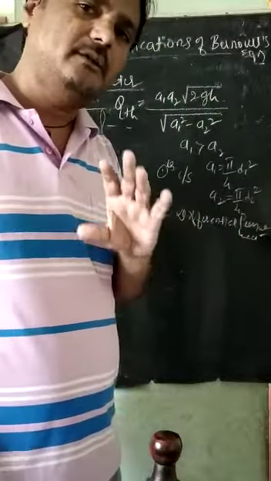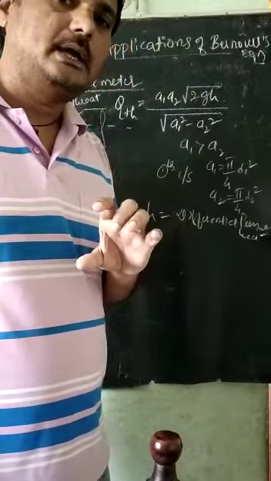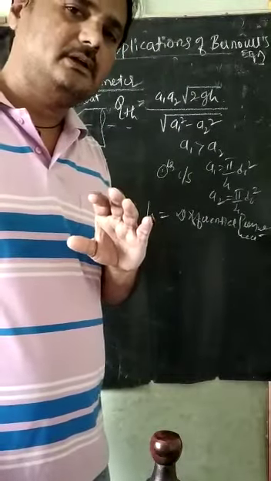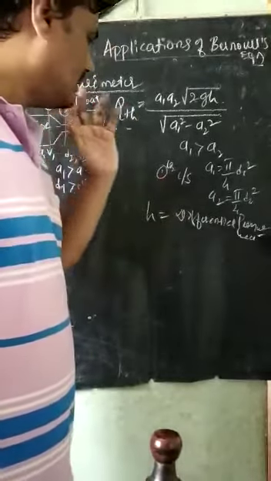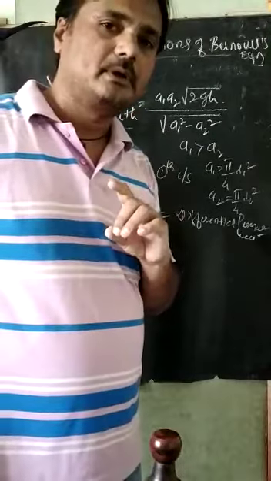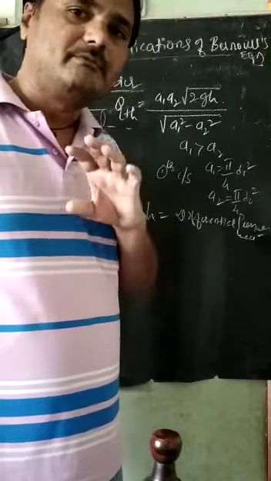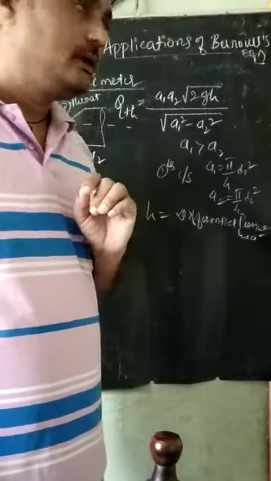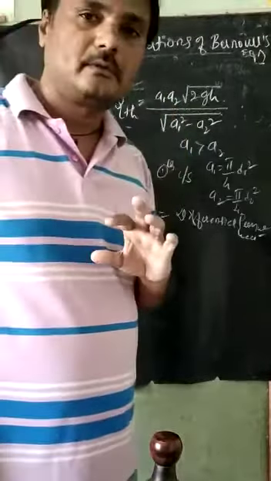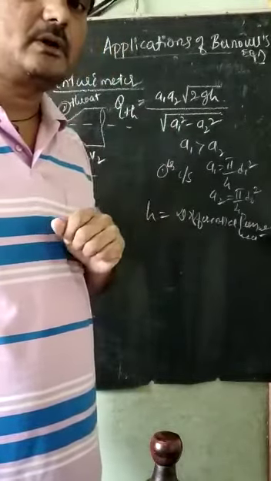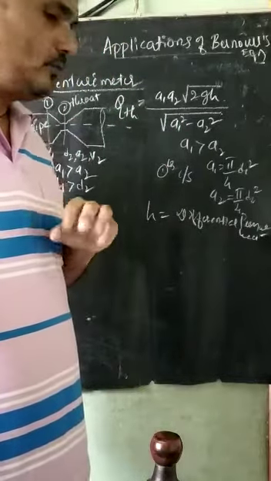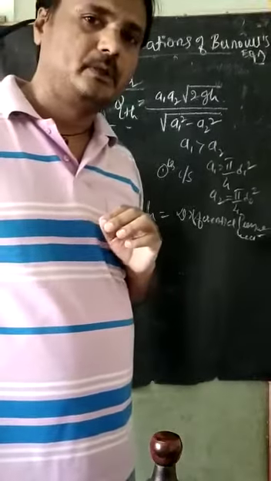That means the unit is distance, but in terms of liquid or fluid columns. For example, if water is flowing in the pipe, this h will be called meter of water because it is a pressure head. It is not a distance here.